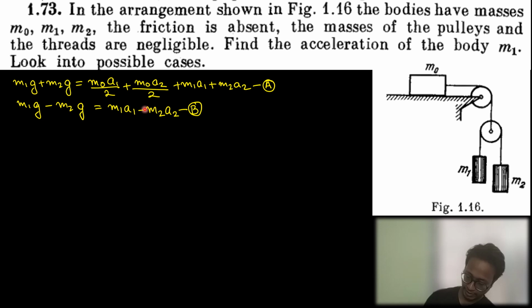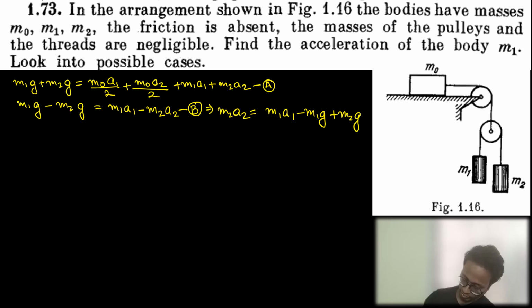So out here, m2 a2 from equation b is equal to m1 a1 minus m1g plus m2g. What did I do? I sent this m2 a2 to the left hand side and all these variables to the right hand side.